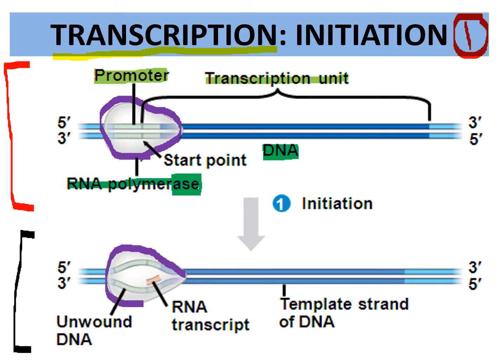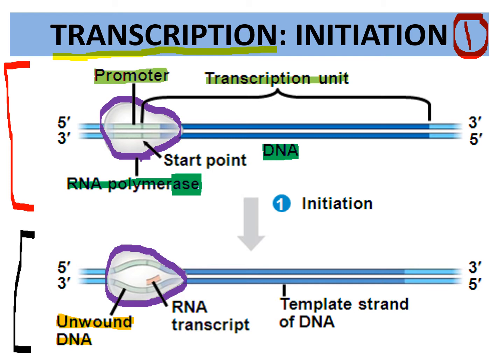However, in the region where your RNA polymerase is found, your DNA becomes unwound. That is due to the activity of another enzyme, which is not labeled on this diagram. That enzyme is called helicase, which simply weakens the hydrogen bonding between your two DNA strands.